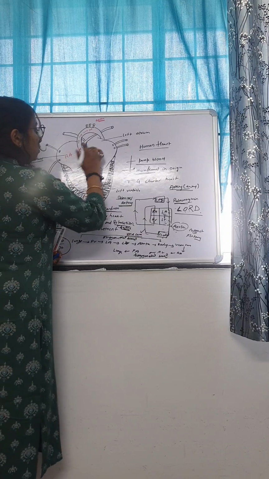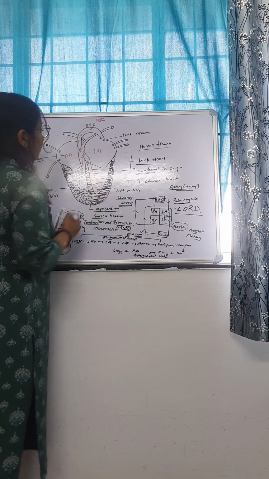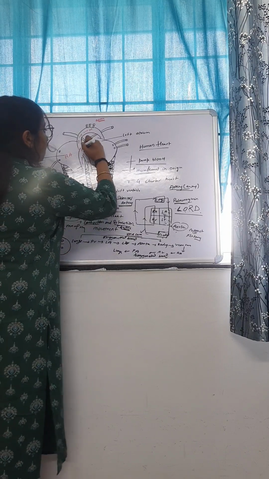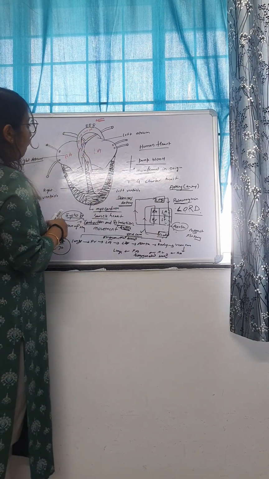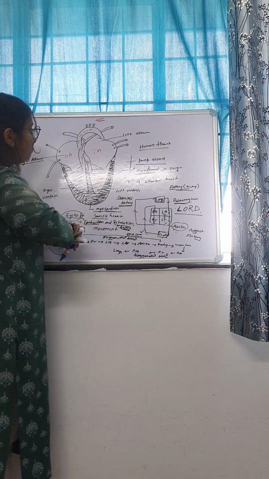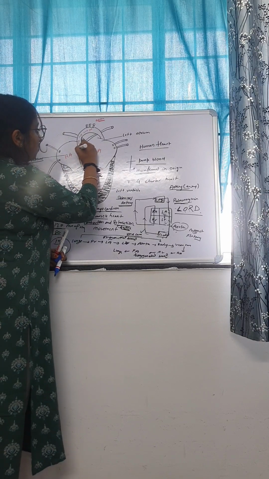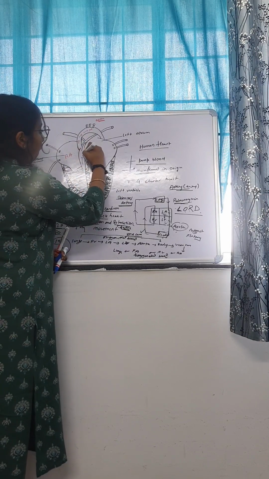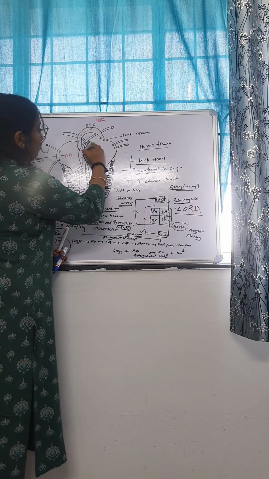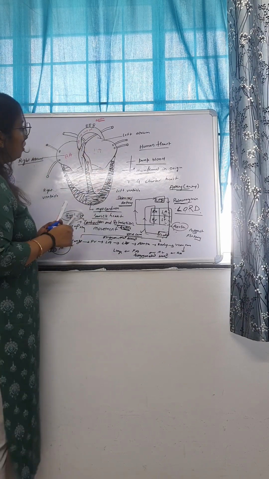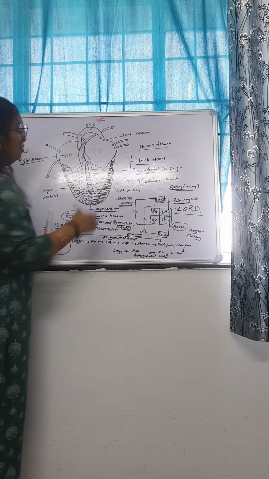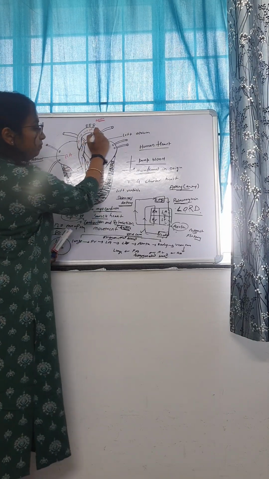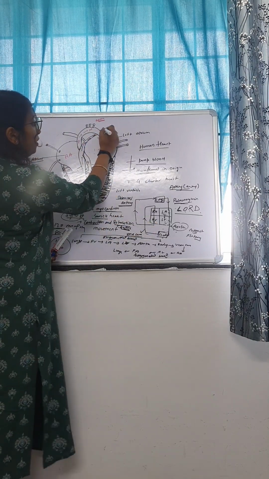So let me correctly draw the path here. From here the blood goes into what? Pulmonary artery.